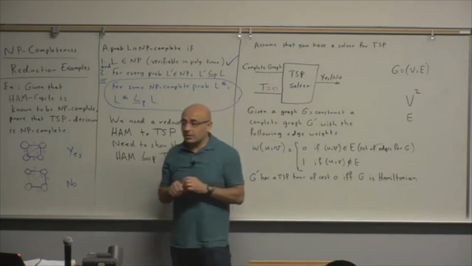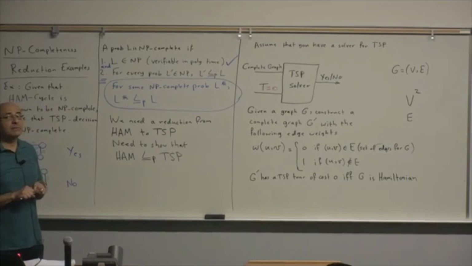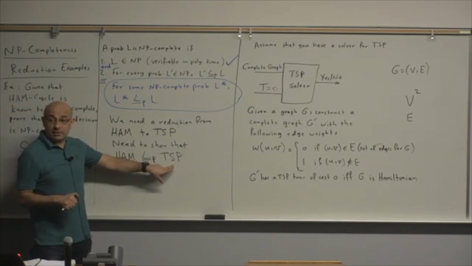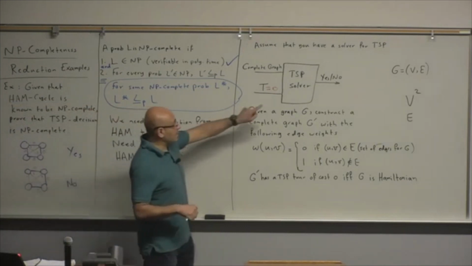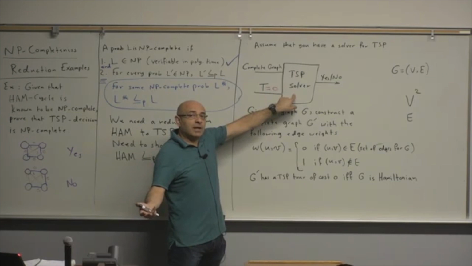Okay, any questions on this reduction? Yeah. So essentially, when we reduce Ham to TSP, we're proving that TSP is harder by giving a solution for the TSP that will solve every instance of the Ham problem. Like I said, you can view this as proving that TSP is harder, or by saying that if I can solve TSP in polynomial time, I will be able to solve Ham cycle in polynomial time.